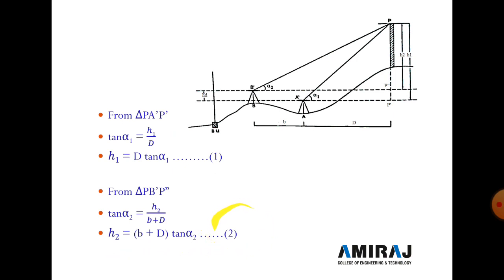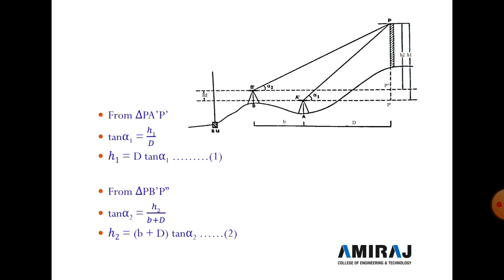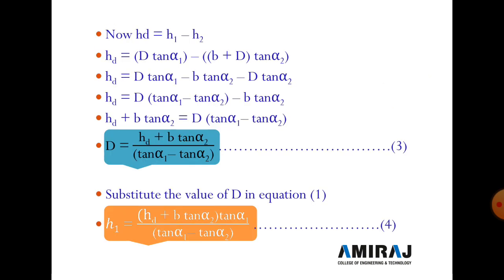This is equation number 2. Now h2 minus h1: you can see exactly in the figure, this is the h2 horizontal dotted line, and h1 is the lower line. So h2 minus h1 is hd, where hd means height difference.